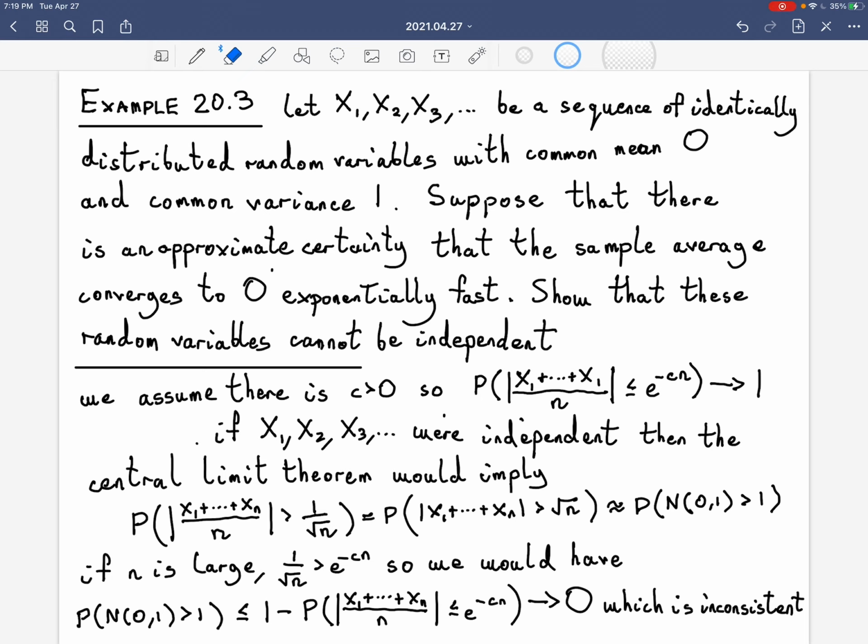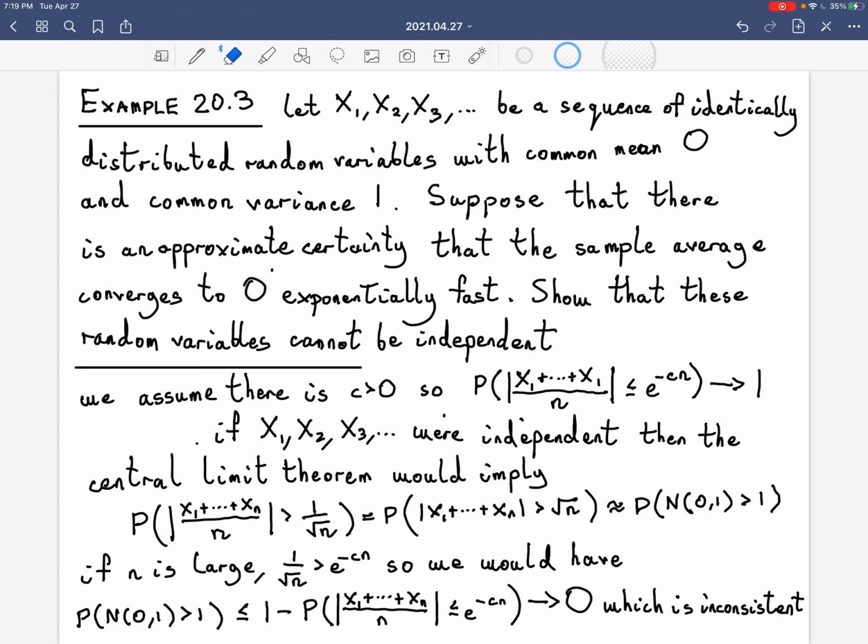Because the probability that a mean zero sum is bigger than the square root of n is roughly the probability that the standard normal is bigger than 1. And the probability that the standard normal is bigger than 1 is not 0.